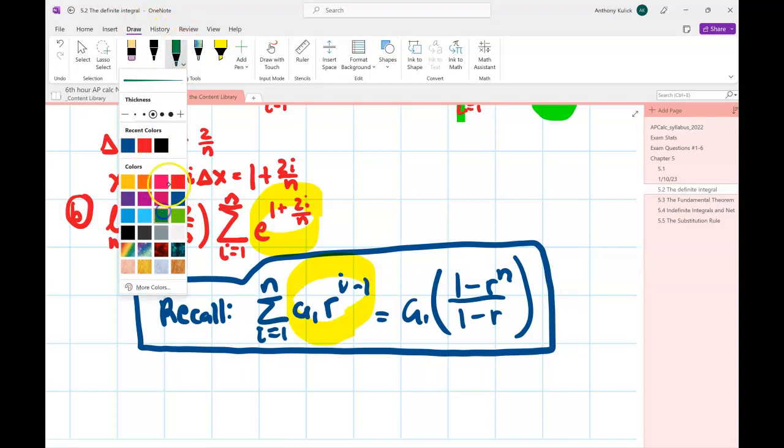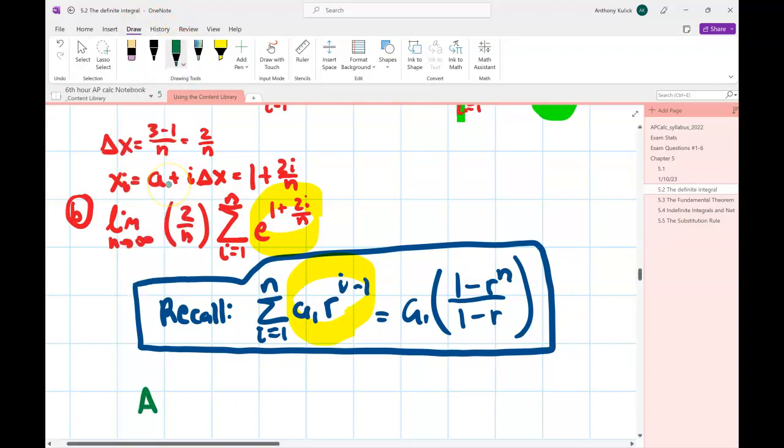So as a little aside then, I'm just going to take that e to the 1 plus 2i over n, and I'm going to try to rewrite this so that it matches that form there. Everybody's okay with that? Okay.